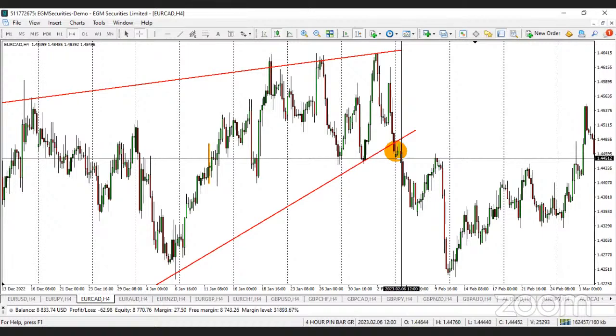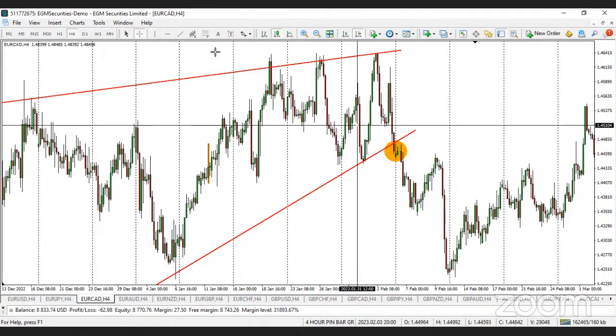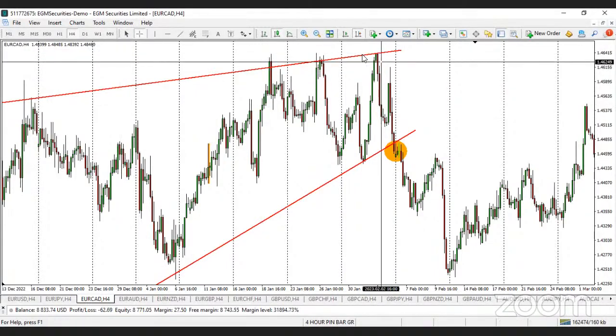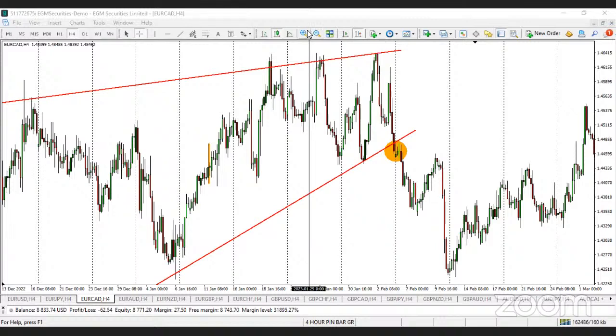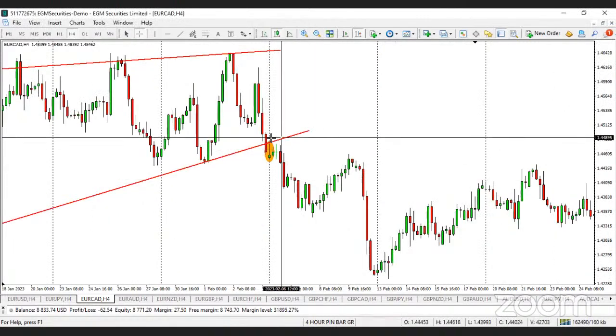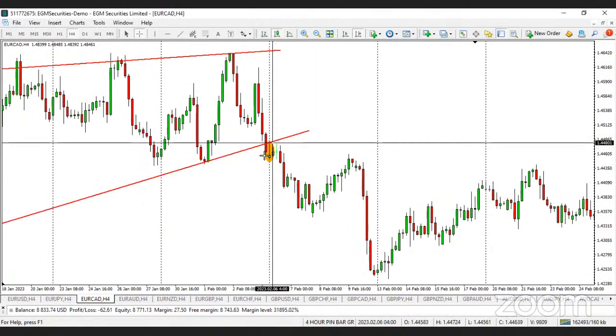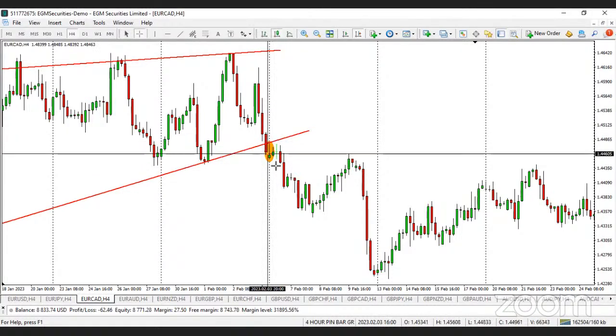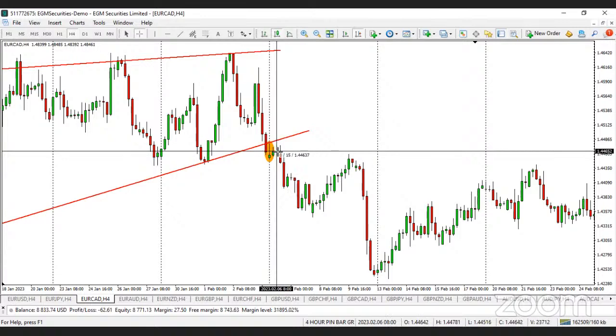So if you look at this pattern, you'll notice that at this point we had a bearish rejection candlestick, and it sort of formed an inside bar at the point at which the market broke that pattern. Then we had a continuation further down.